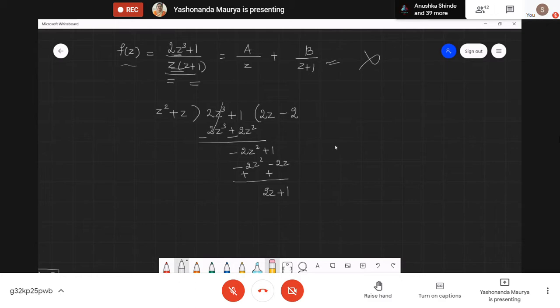After writing this, now this is the remainder. This is the remainder. So what next? It will be 2z cube plus 1 is equal to z square plus z into 2z minus 2 plus 2z plus 1.